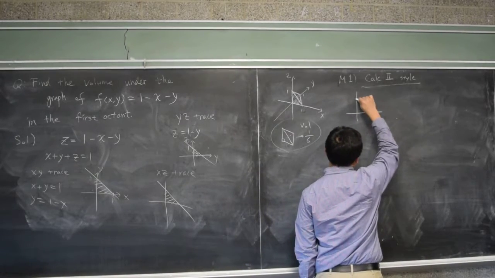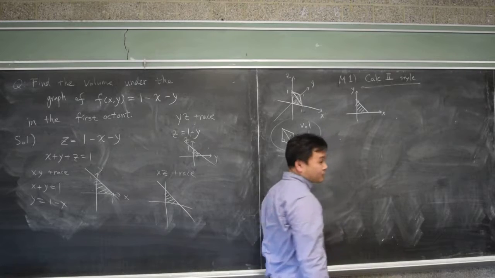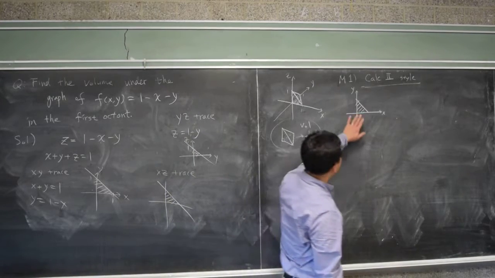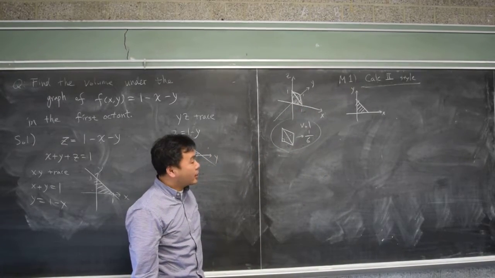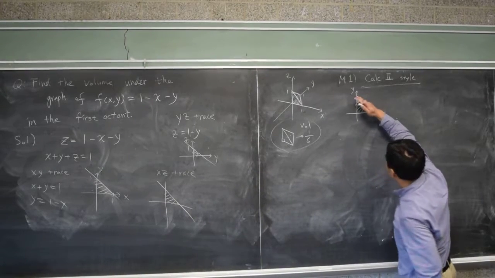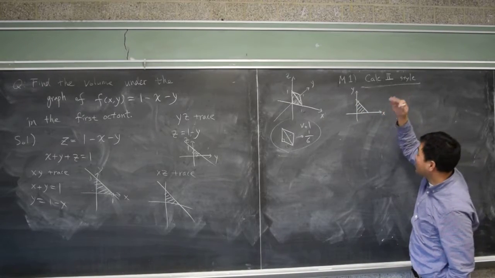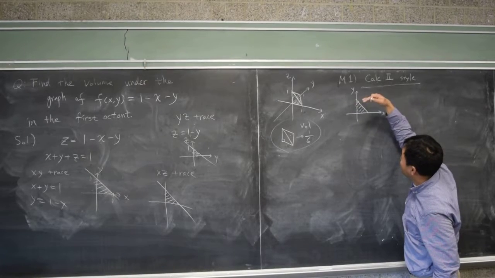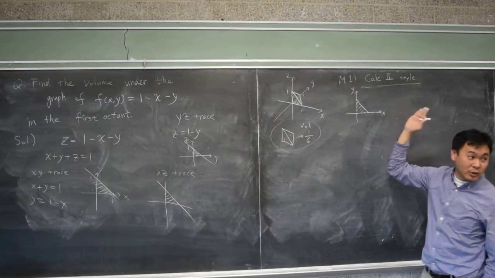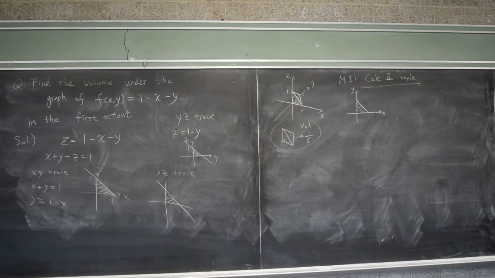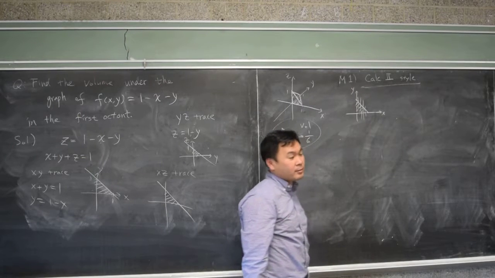First, you looked at the base of this tetrahedron, and you thought about the tetrahedron lying above this region, and you took either the cross-section parallel to the x-axis, or the cross-section parallel to the y-axis. Let's just pick the cross-section this way.